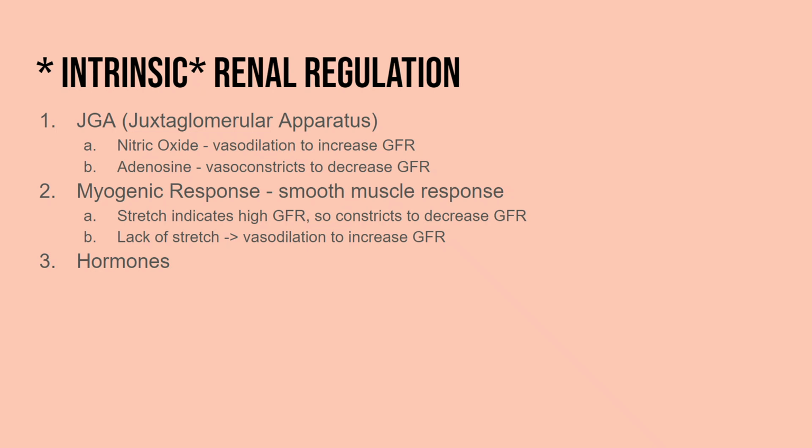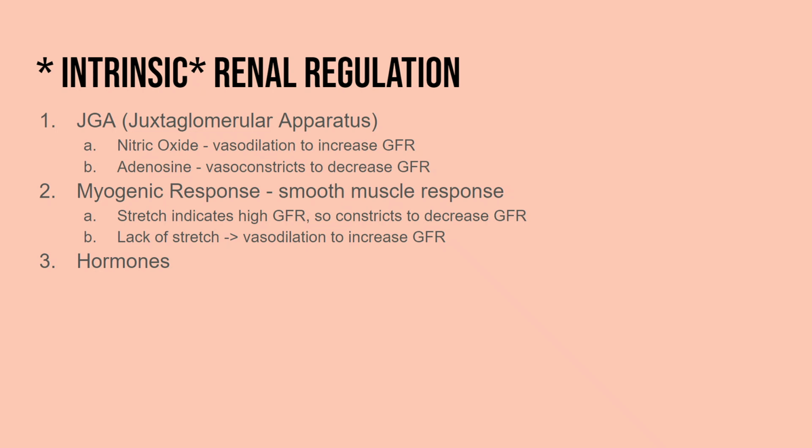If the blood vessel is stretched, the myogenic response constricts it to keep it regulated. If there's a lack of stretch, the myogenic response would vasodilate the arteriole so more blood is pushed through, to increase the glomerular filtration rate.